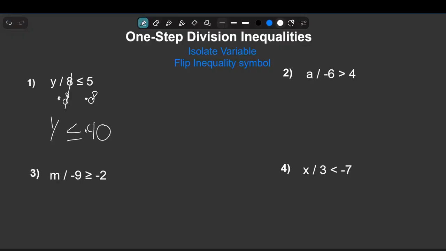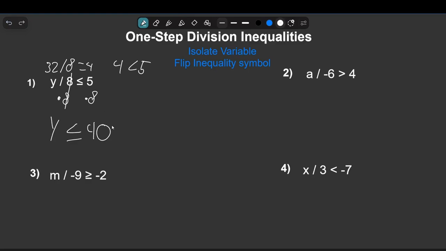Of course, we can check this by taking a test number. We're going to use a test number below 40, or 40. Let's do test number 32. We plug 32 into our variable. 32 divided by 8 equals 4, and 4 is less than 5.